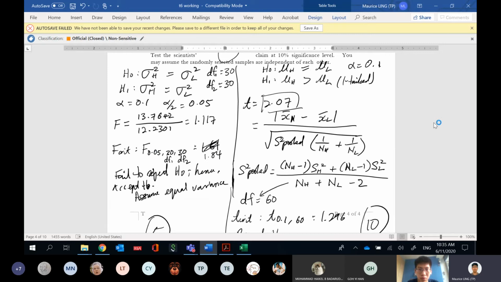Don't round off. Usually we are not that evil to get a statistic that is very close to the critical value.